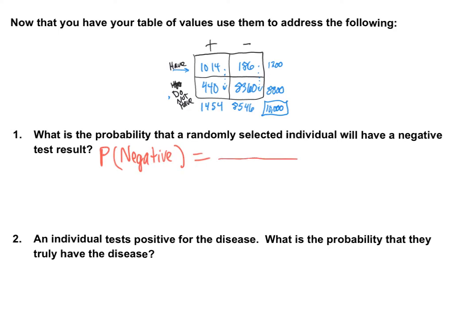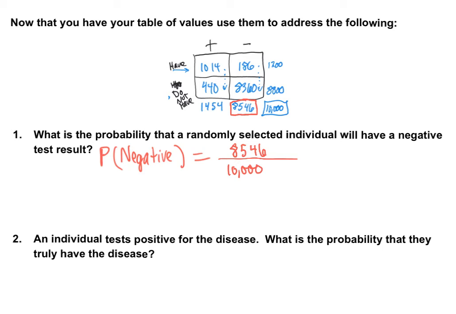Based on organizing the information in a table, we see that there are a total of 8,546 people who tested negative. That's the total number of people who tested negative out of the total of 10,000. If we wanted to keep it as a probability in fraction form, this would be appropriate.